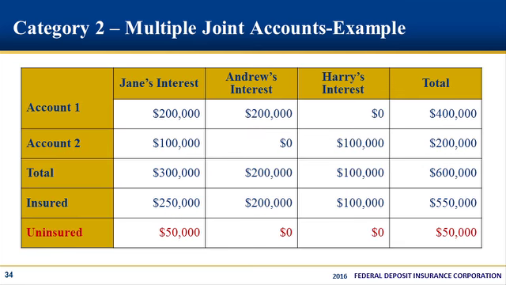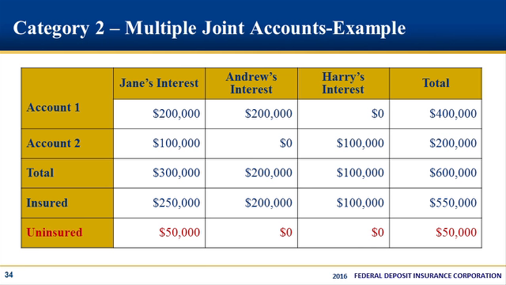In calculating the amount of deposit insurance coverage, we have to look at each owner's interest in all joint account deposits. Remember, there is a presumption that each person has an equal ownership share of the funds. So when looking at our example, we have account number 1, Jane Smith and Andrew Smith, as the co-owners of the account, with a total balance of $400,000.